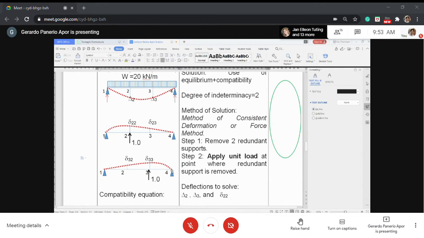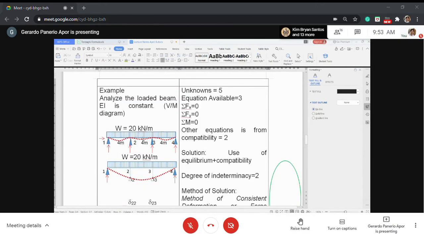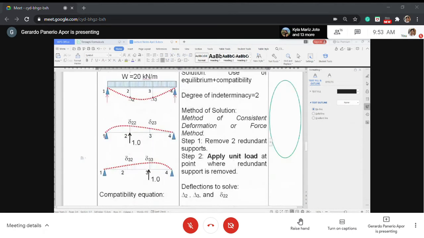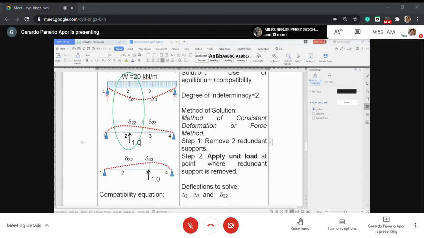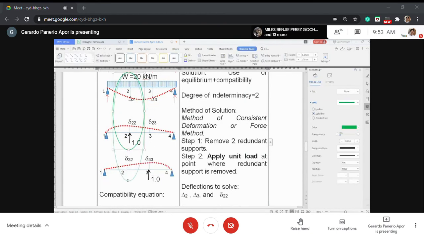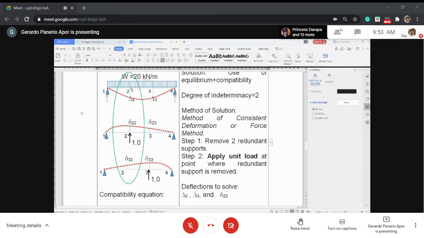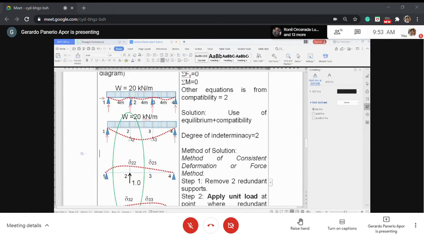Okay? So basically, if you are going to add all of this deflection, it will become like this. If you are going to add these three, like for example, this one, that one, and that one, it must go back to 0.